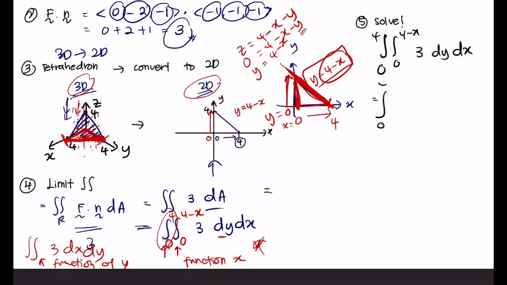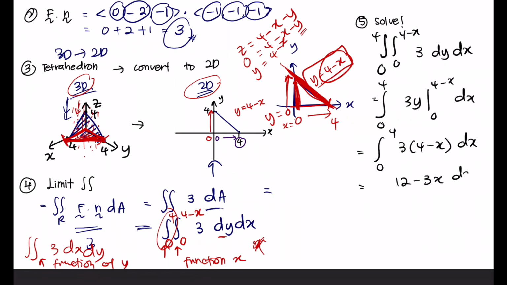First solve for y. We have 3y, substitute: 4 minus x minus 0, you get 3 times 4 minus x. Then you integrate, get 12 minus 3x, then integrate with respect to x: 12x minus 3x squared over 2, from 0 to 4.